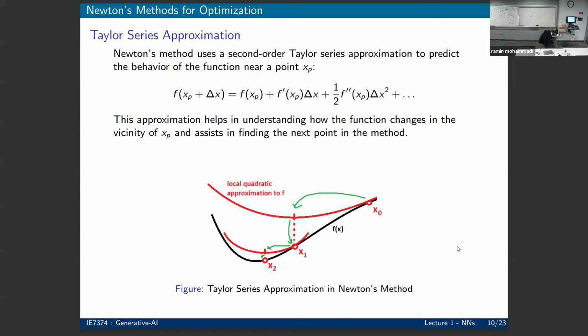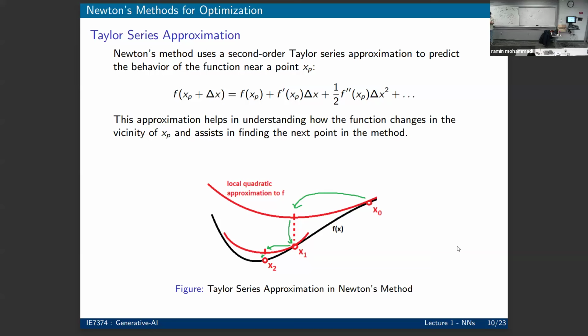So look at this line that you see in the image. The black line is your actual cost function. You are at x0, the red point, and you try to optimize. If you just use something like gradient descent, it's a slow movement, you need to go left if you're going down.